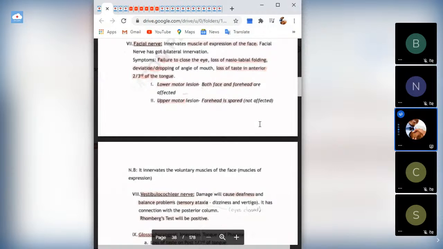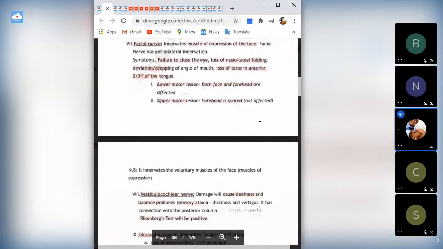All right, so it caters to the muscles of facial expression, and in addition, it has the sensory supply to the anterior two-thirds of the tongue. Okay, and it has a tiny supply to the nerve known as the nerve to the stapedius.